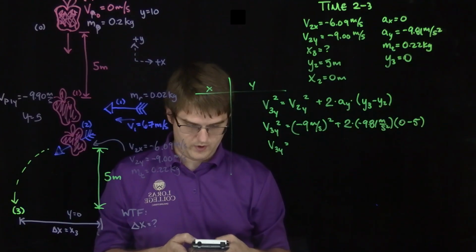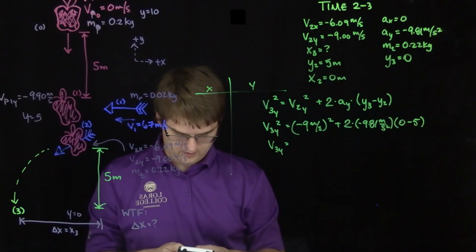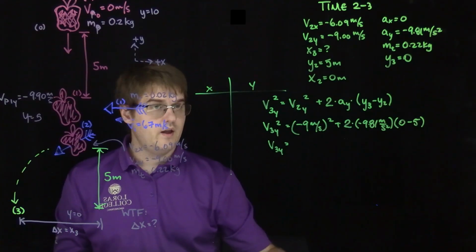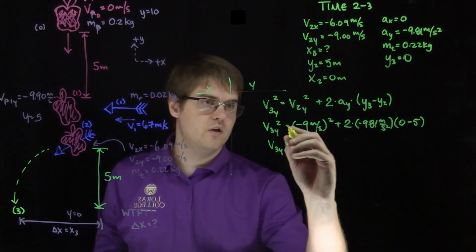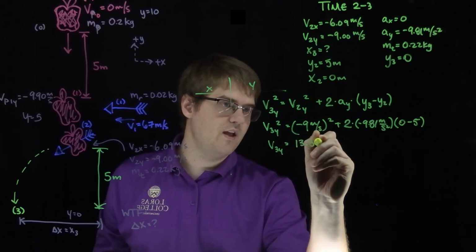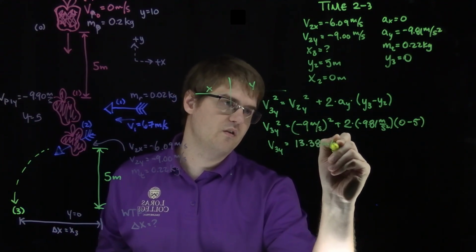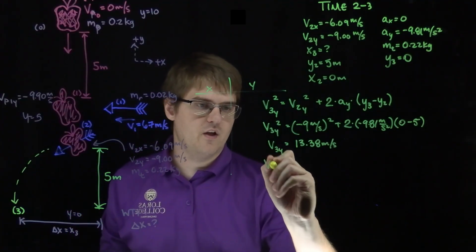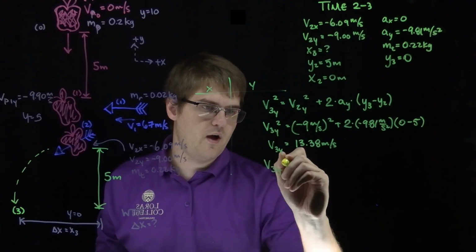And those both end up positive. And I take the square root of that number. That number is 179.1. And velocity 3 is 13.38 meters per second.